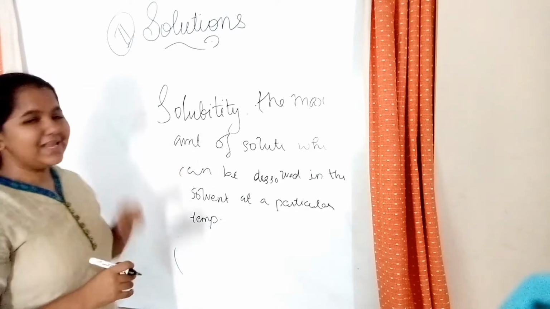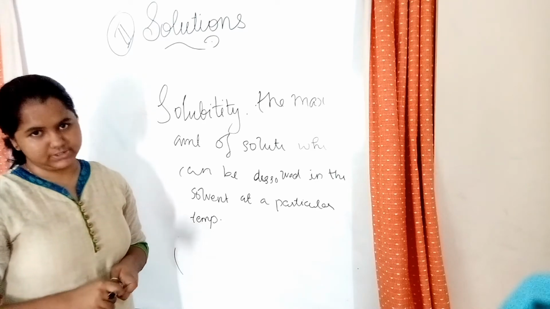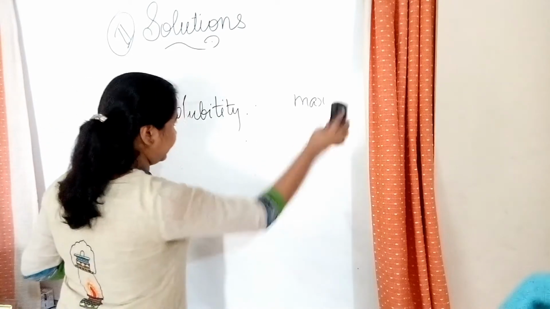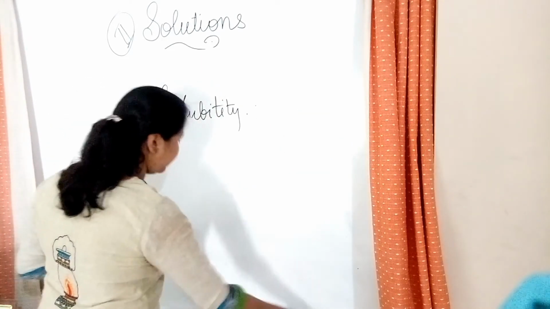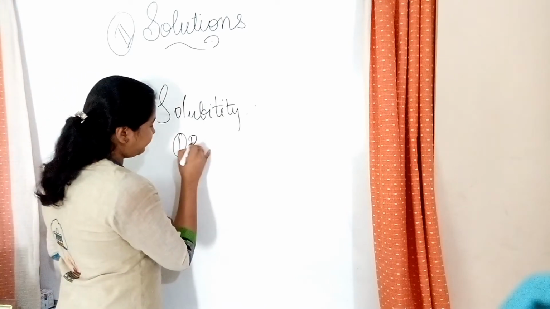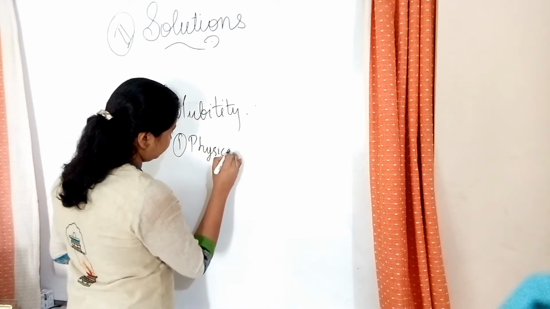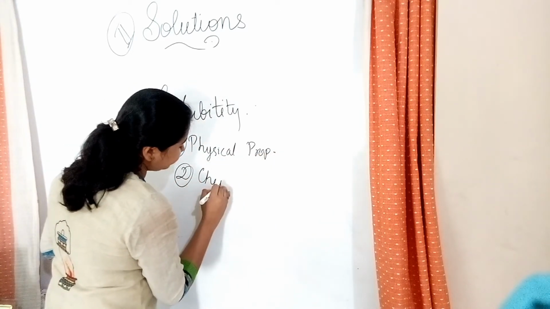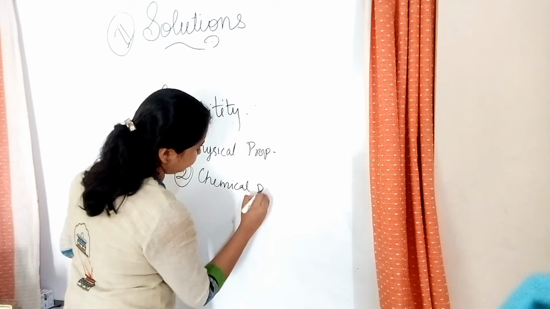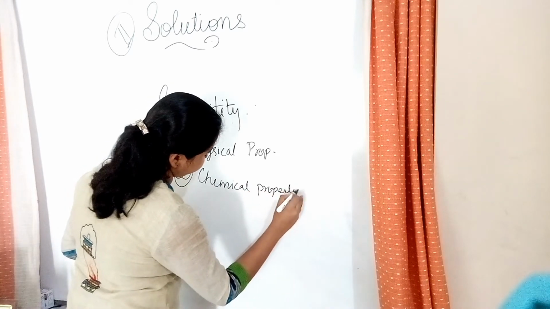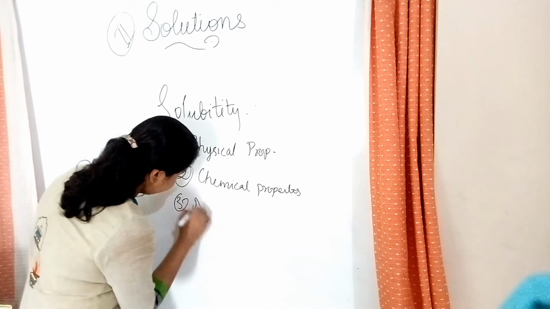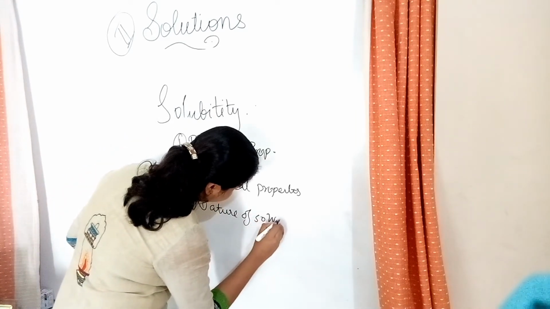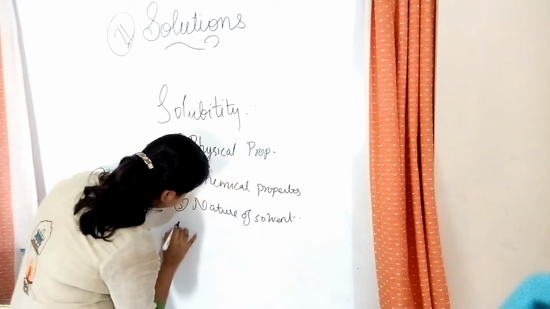Okay? So now let's see what the factors are that affect solubility. Let's write each of the factors. The first factor is physical properties. The second one is chemical properties. The third one is nature of the solvent. The fourth one is temperature.